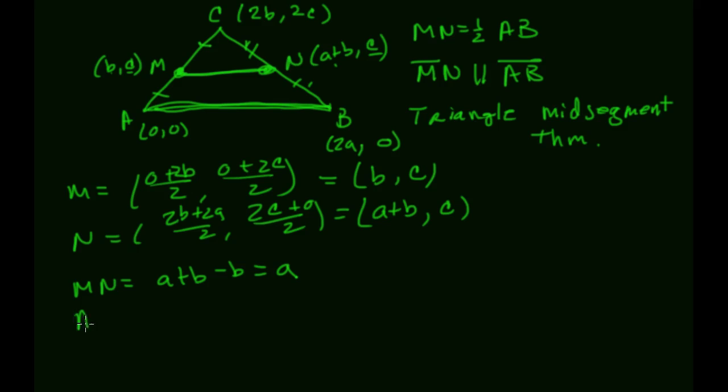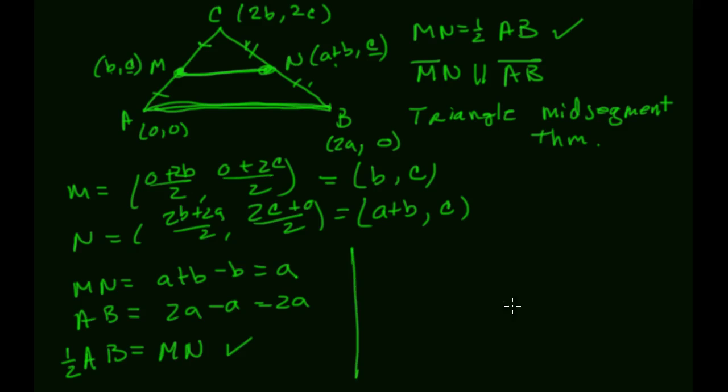And the distance from A to B is 2a minus 0, which is 2a. Let's see, 2a, that's twice the size of MN. So MN is in fact half of AB, right? Half of 2a would be a, so MN is half of AB. So this we have proven.